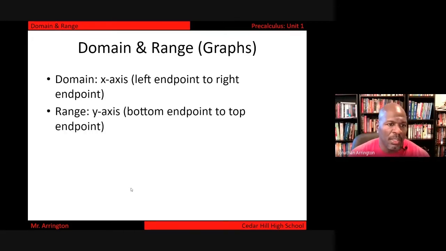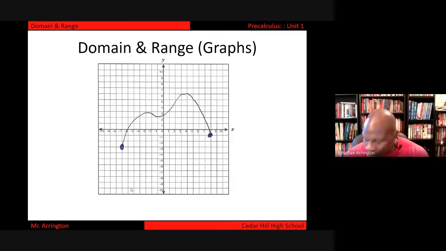For range, what we're looking at today, we're concentrating on the y-axis, and we're looking from bottom endpoint to top endpoint. So again, we're going to see the same graphs we use for domain, but now we're looking at range. So again, when I'm finding the range of a graph of a function, I just try to find its bottom endpoint and its top endpoint and go from there.